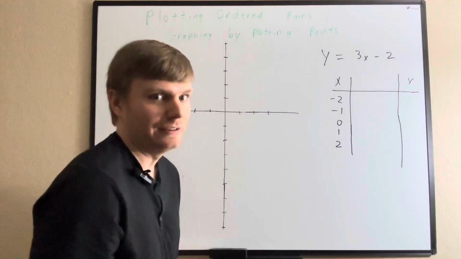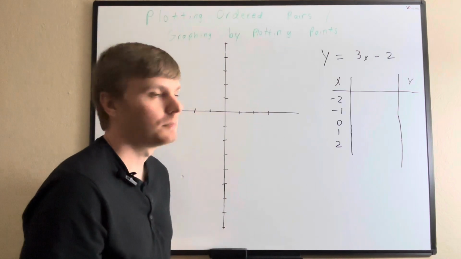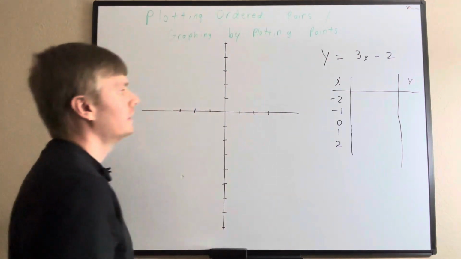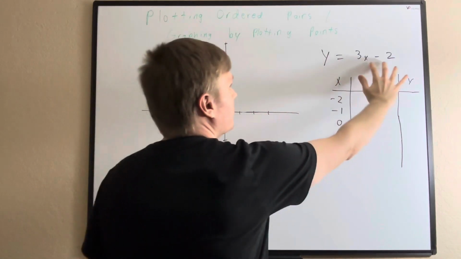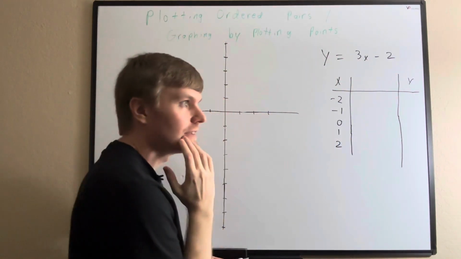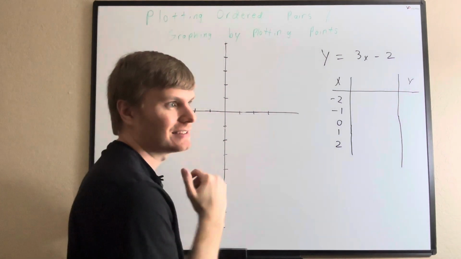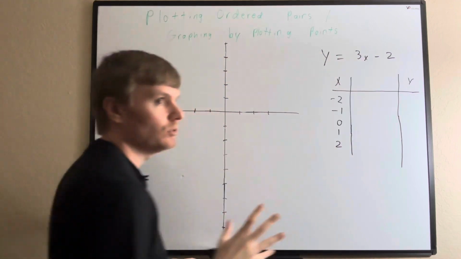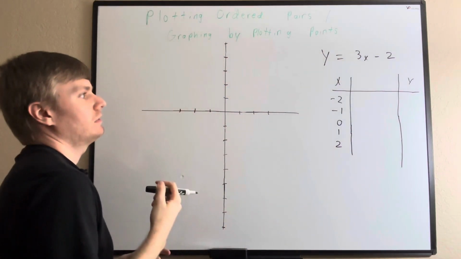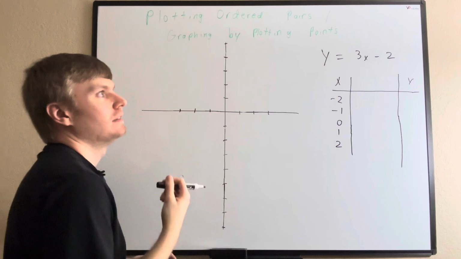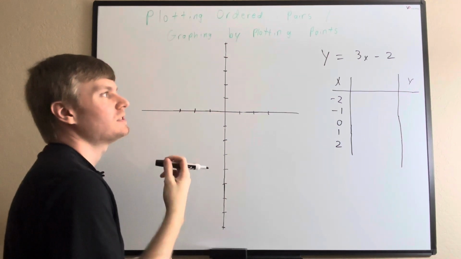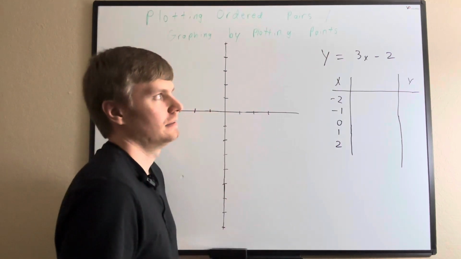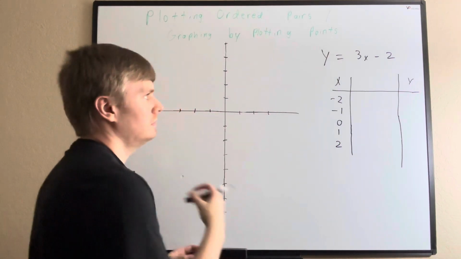All right, now this is the second part of the video. We're going to go over graphing by plotting points. Now, this is a function, and we're going to go over the properties of functions in later videos. This is a very simple one, and we're just going to go over the easiest way to graph it.